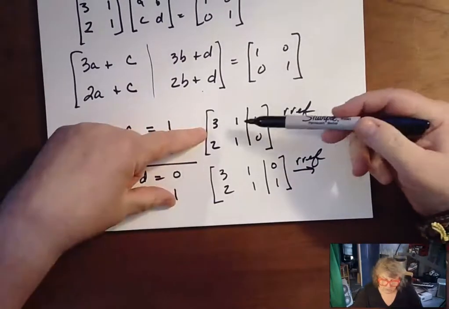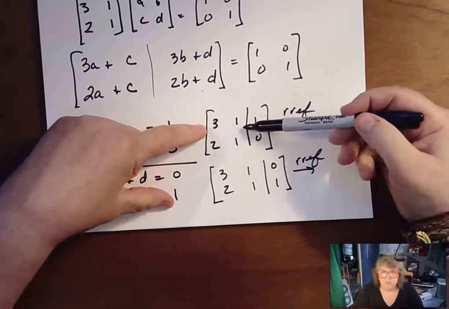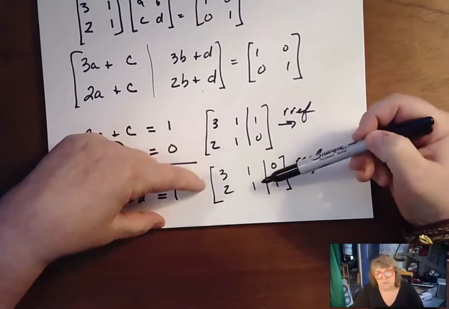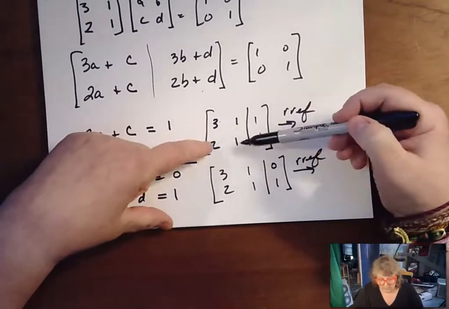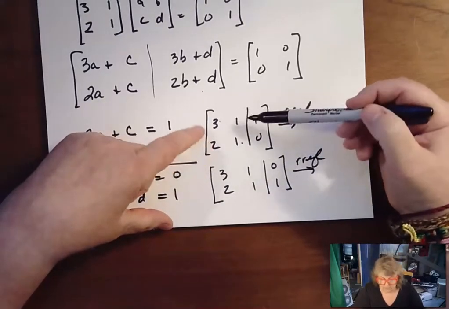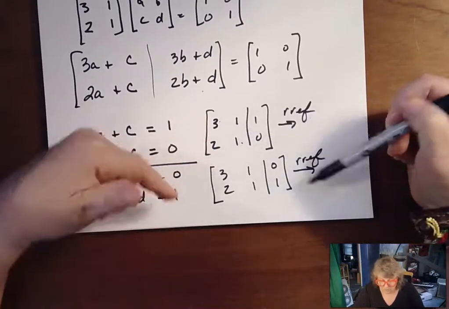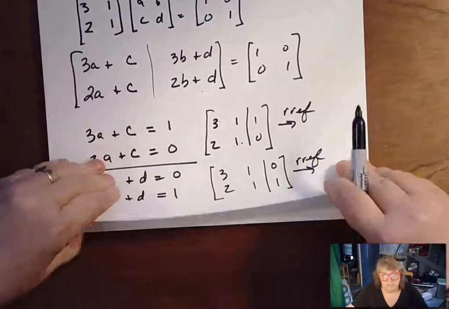But notice, I'm going through all the same steps in both, because I'm going to get a pivot here and here, hopefully. If the inverse exists, I'll get a pivot here and here. I'm going to do the same thing both times. No sense in doing it twice. We're going to do it at the same time.